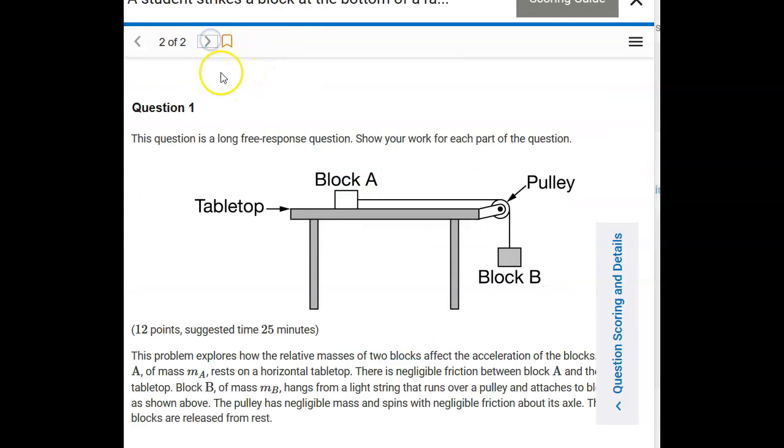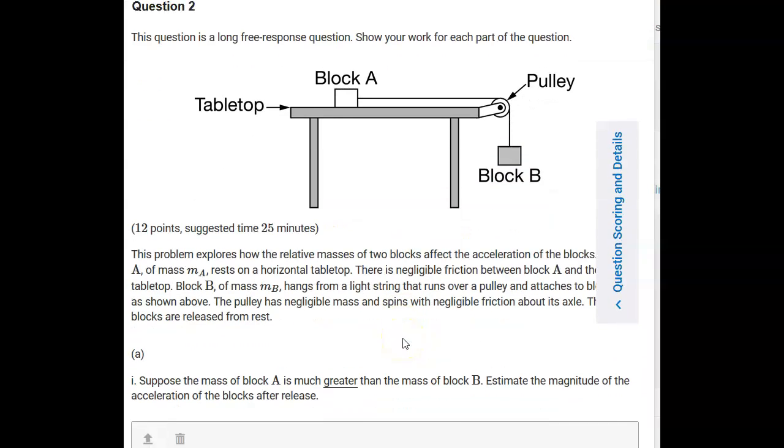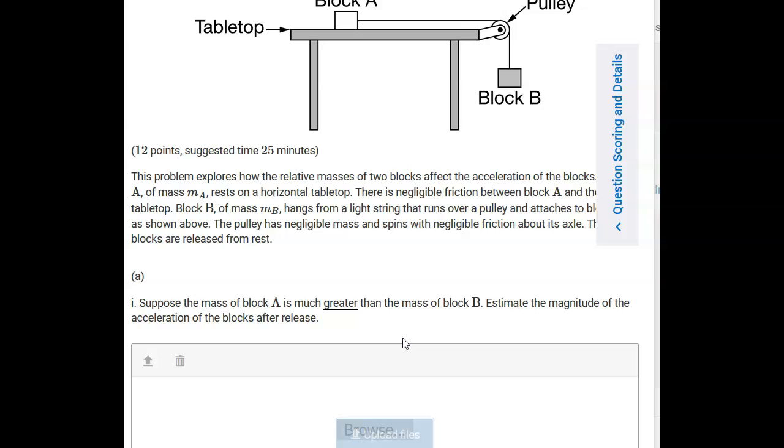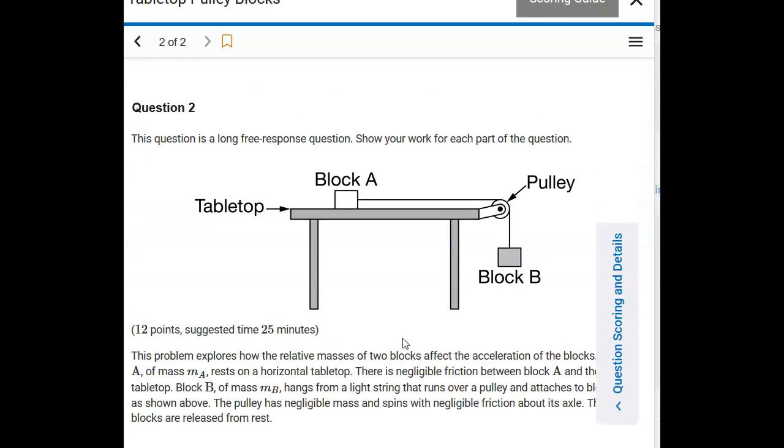All right, so for the second question, this should be something that we're fairly familiar with, right? We've got these connected systems, and we understand that the acceleration is the net force on the total system divided by the mass of the total system.